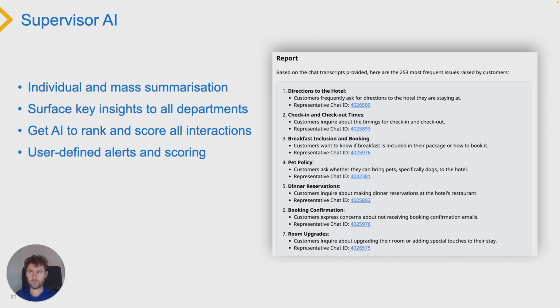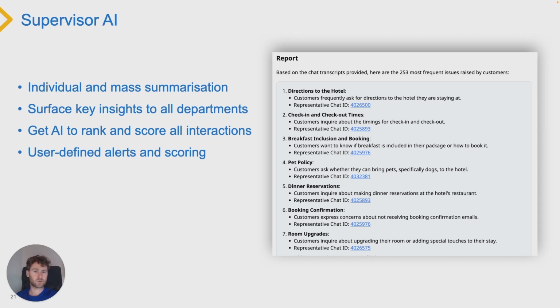And we're really seeing a change in how QA and even traditional measurements like NPS and CSAT are done, because you can get an AI to score, rank an interaction and provide not just historical reports that you can drill down on.